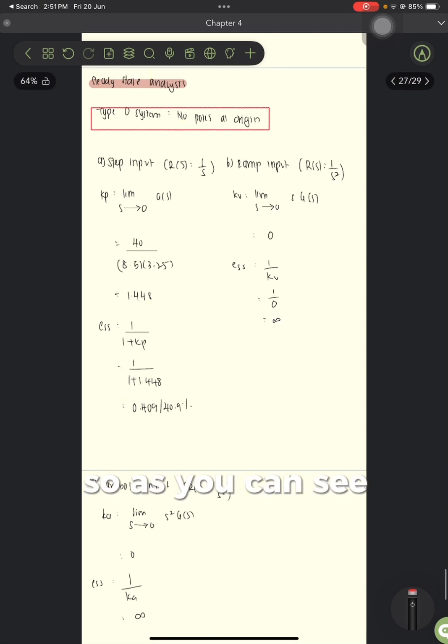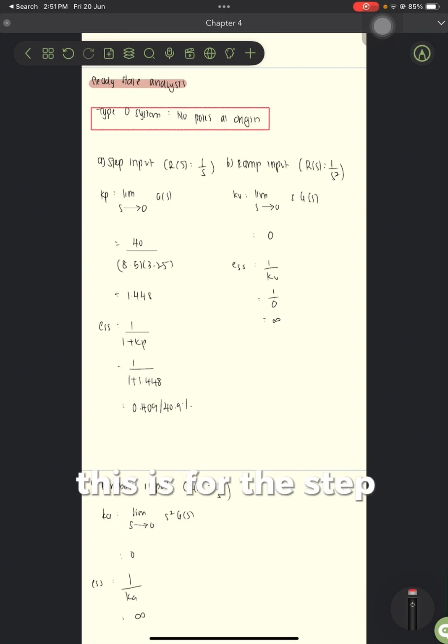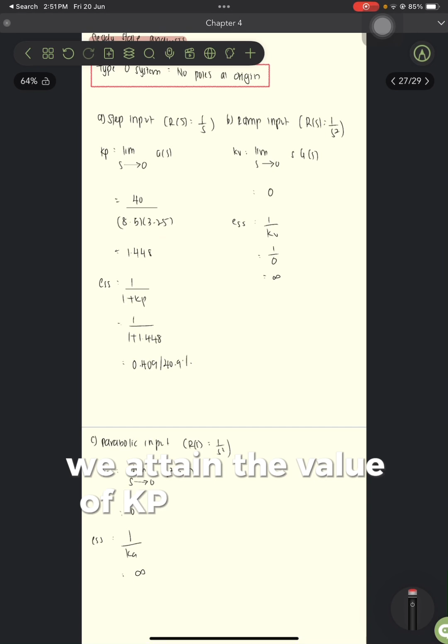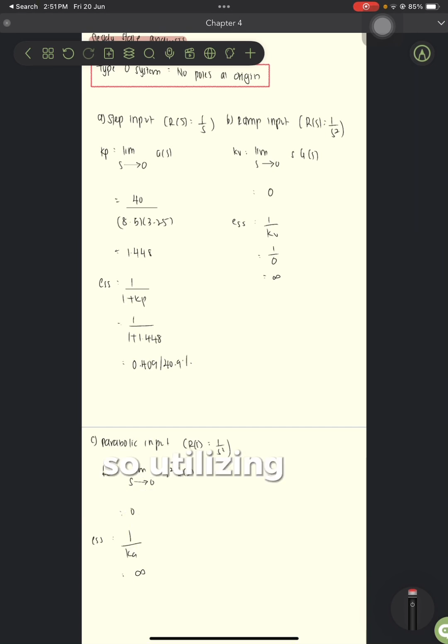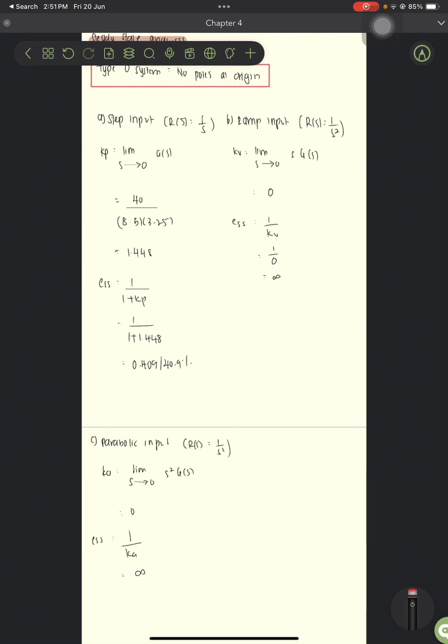Kp is equivalent to the limit as s approaches 0 of G(s). This is for the step input. We attain the value of Kp as 1.448. Utilizing the formula 1 over 1 plus Kp, we attain the steady state error for the step input, which is 0.409, or in percentage, 40.9 percent.